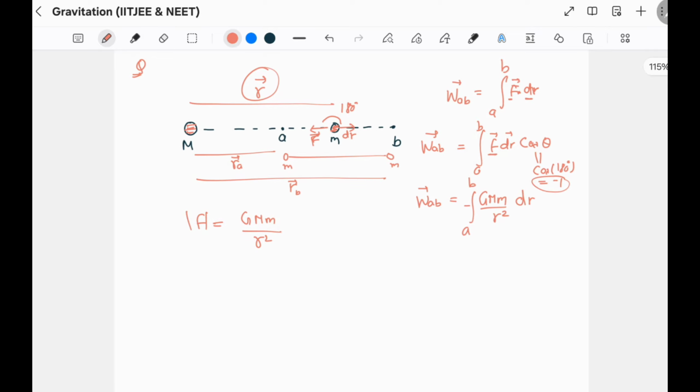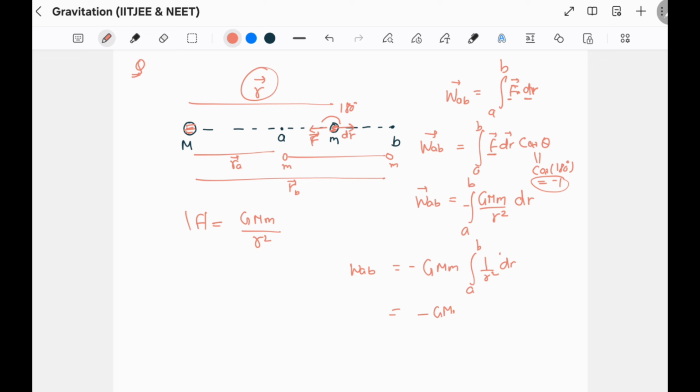Now what we have to do, we can find the work done from A to B. Now we are finding just the magnitude. From A to B, you can take G capital M small m out, and first we have to integrate. So negative, you can take out, integral A to B of dr by r square.